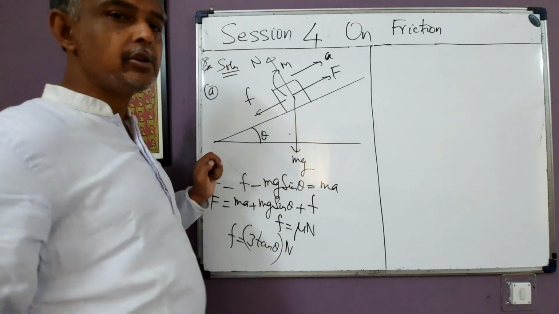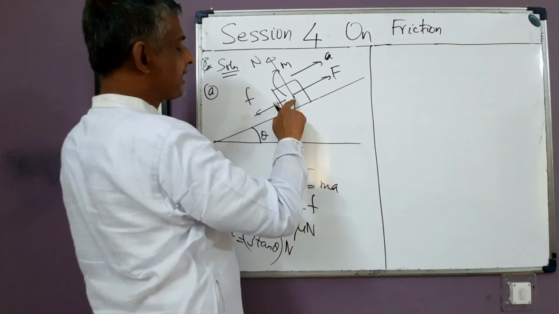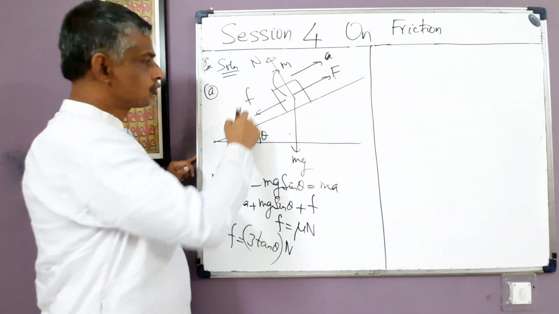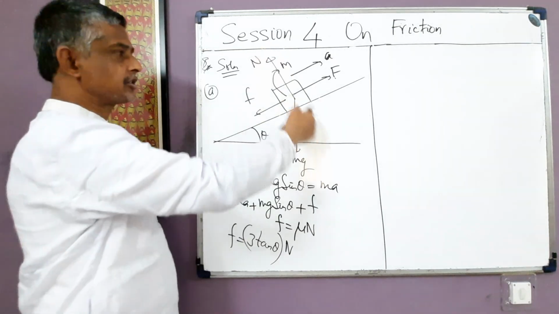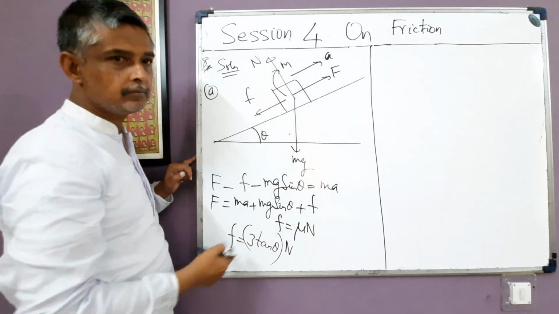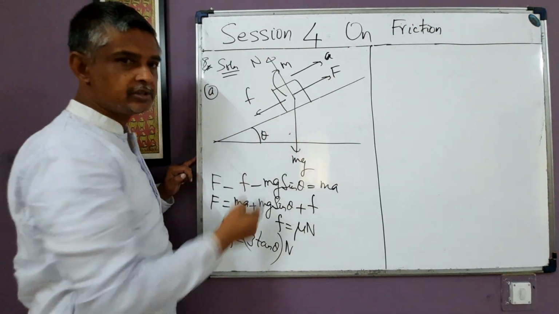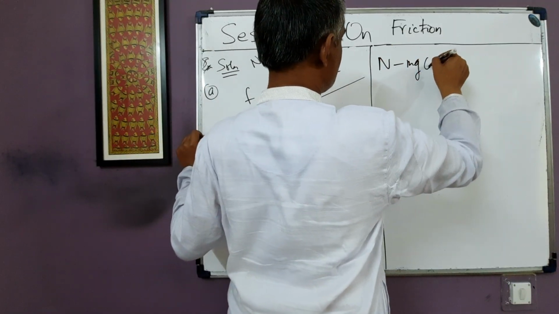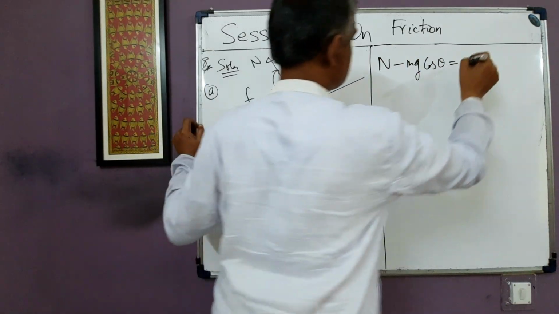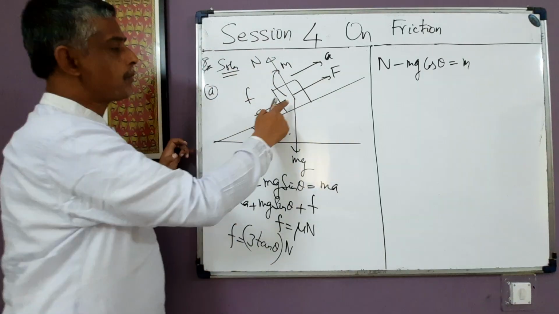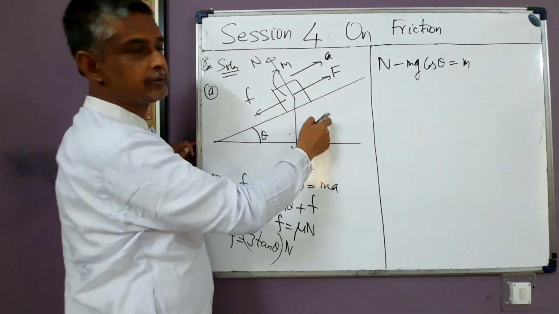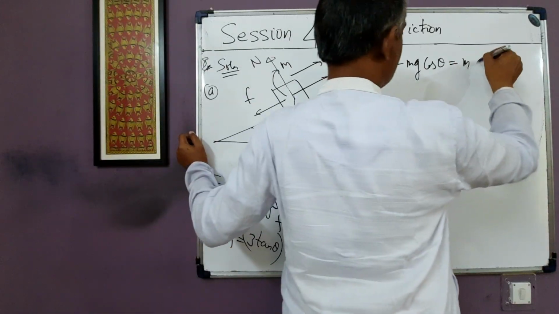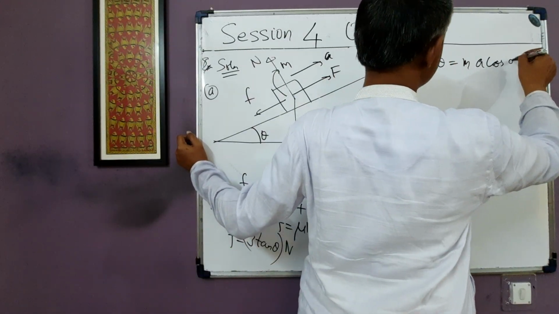Now how to determine the value of N? We apply Newton's second law to block in this direction, along the direction of N. So F and f are at right angle to this direction, so they do not have any component in this direction. Only components are N and mg cos theta. So N minus mg cos theta is equal to mass times component of acceleration of this block with respect to ground in this direction, which is a cos 90 degree.